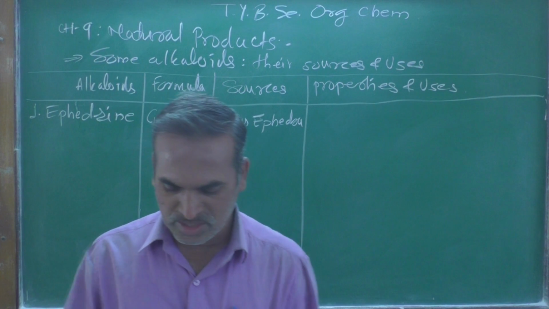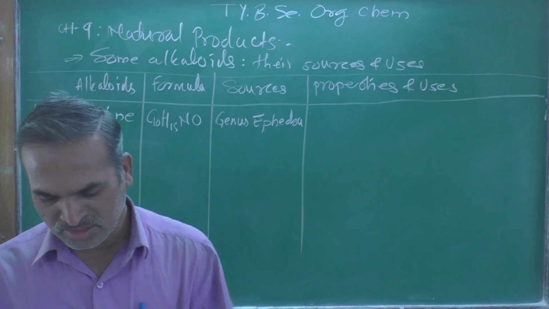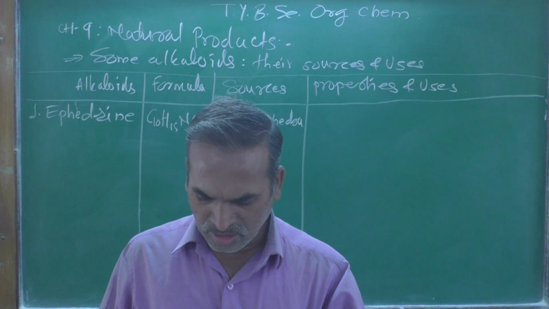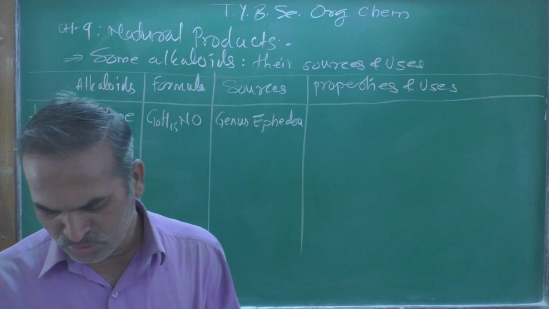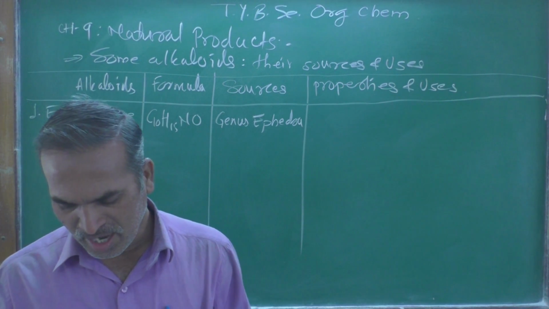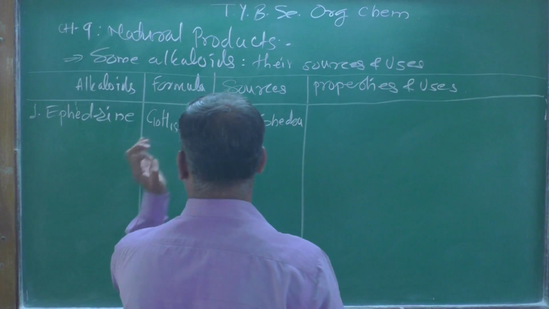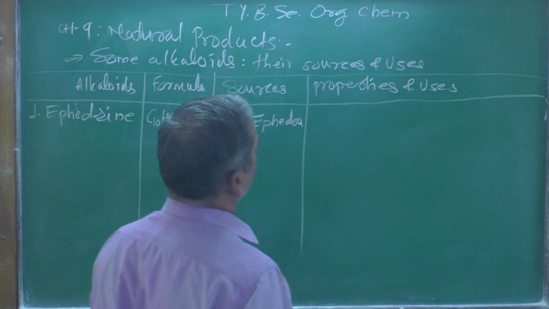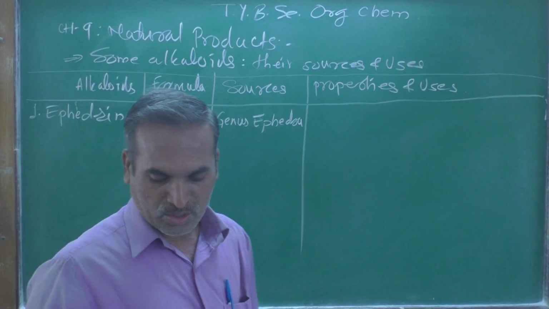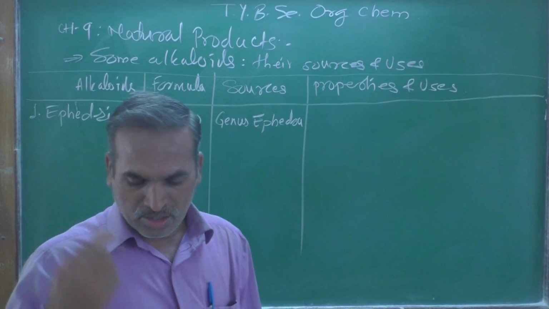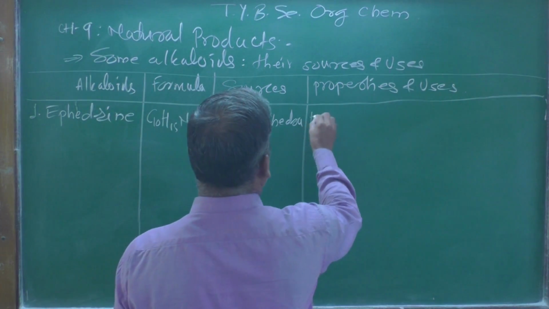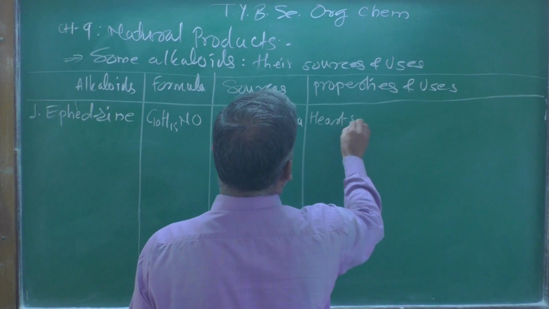What are the properties and uses? It is a heart stimulant used in hay fever and asthma. Heart stimulant is the main property of ephedrine.